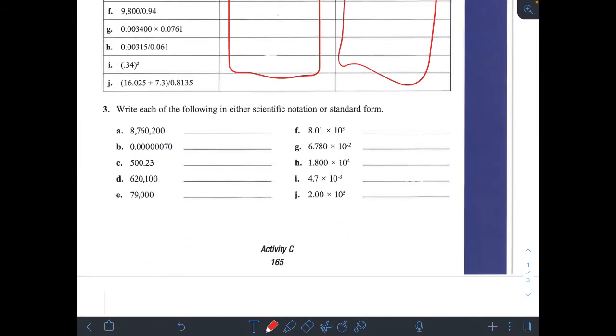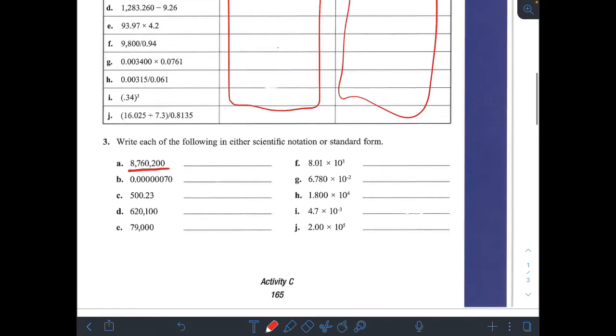Now section 3 here, question 3, we're going to write each of the following answers in either scientific notation or standard form. Now here's another example of trailing zeros with no decimal place. So I'm going to consider those trailing zeros insignificant because there's no decimal place, okay?